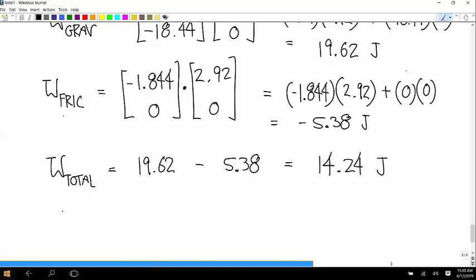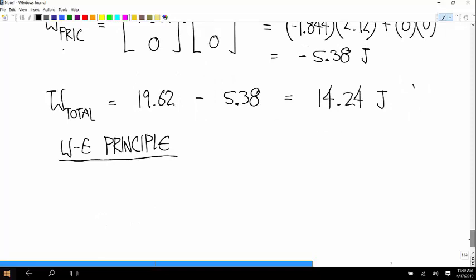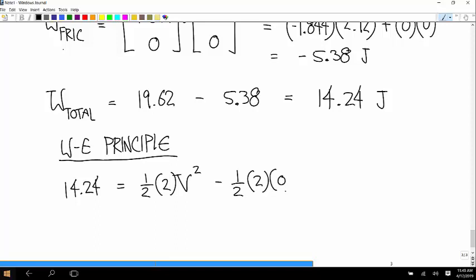And so finally, the work energy principle says 14.24 is equal to 1/2 times the mass times the speed at the end, minus 1/2 times the mass times the speed of 0 at the beginning.